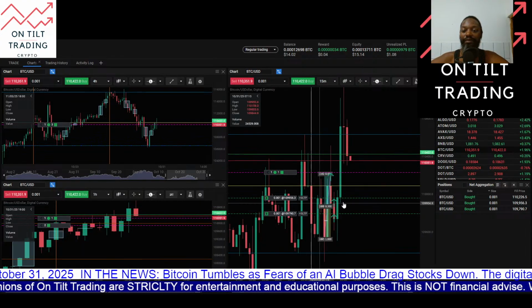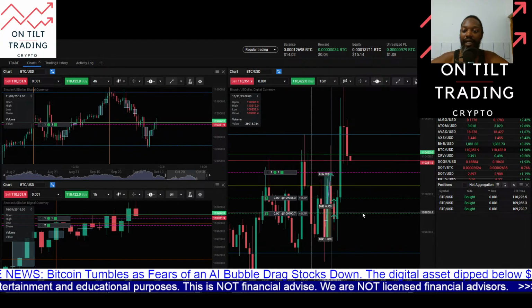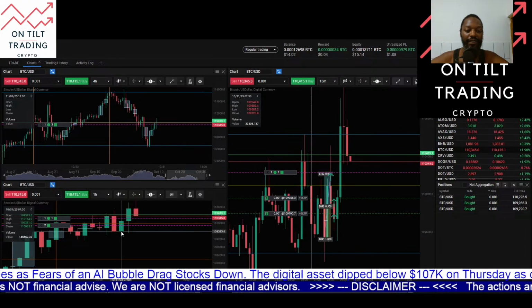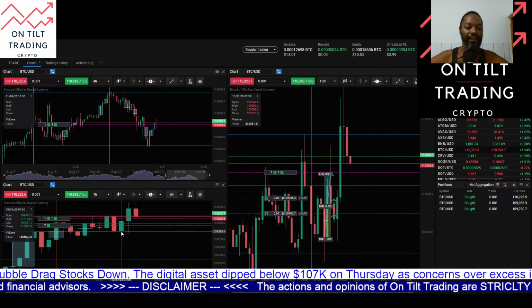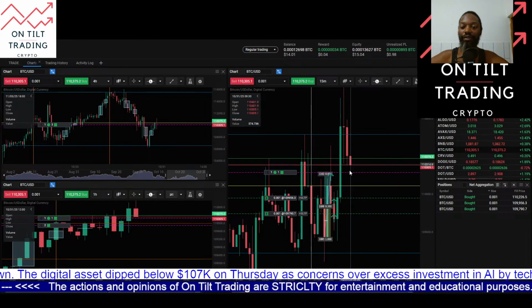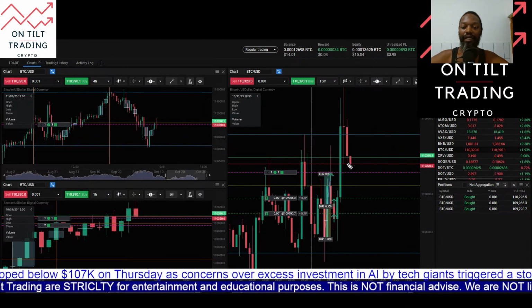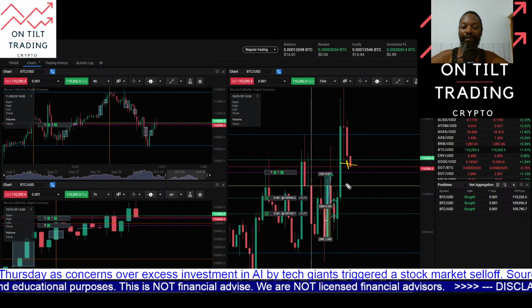These fair value gaps can be valid, but they fail more frequently than the higher time frame fair value gaps. So that's why I'm setting my limit entry based off of the 60-minute chart instead of off of the 15-minute chart. Or I could have added, technically I could have added here when this candle traded down into the fair value gap.